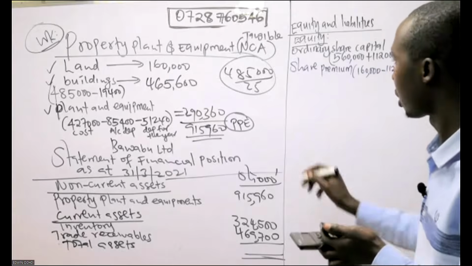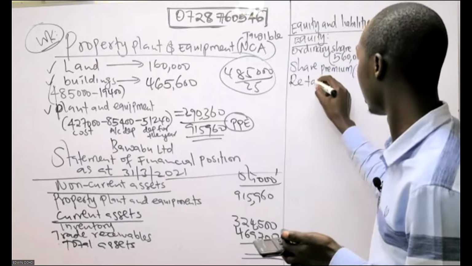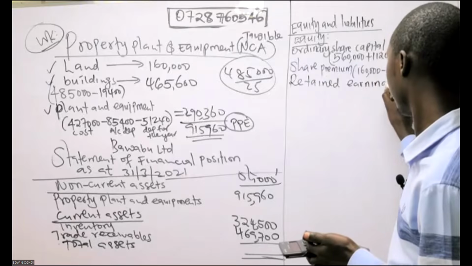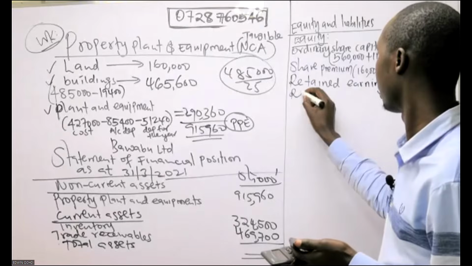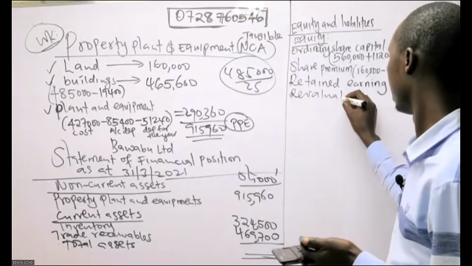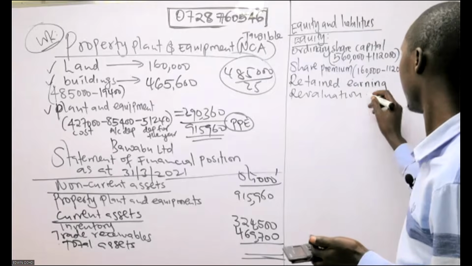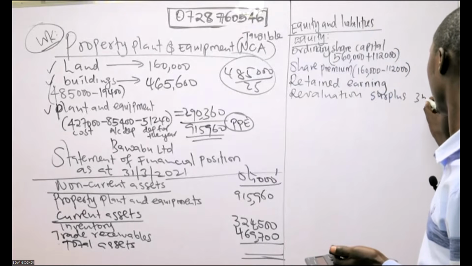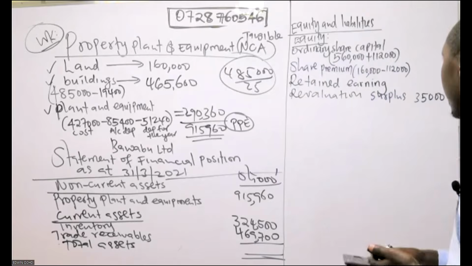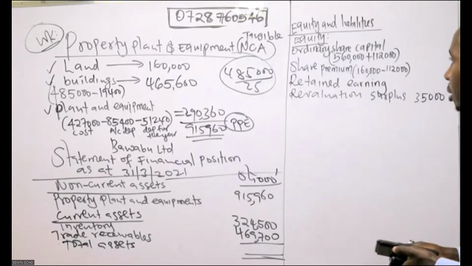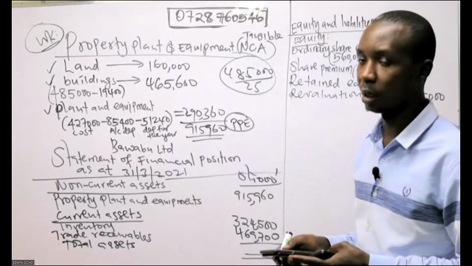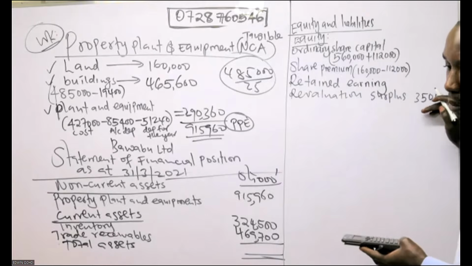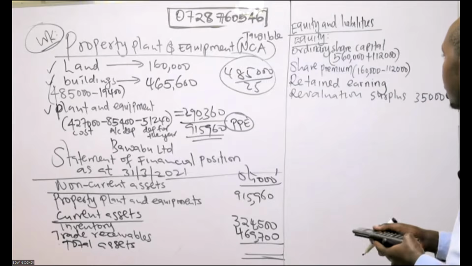And after that, we talk about the retained earnings. Then we talk about the revaluation surplus. Revaluation surplus was 35,000. The retained earnings are the retained earnings for the year, just the figure above 35,000 under the income statement.